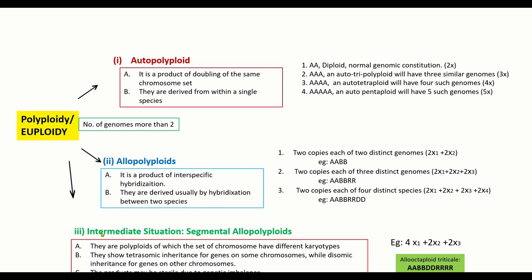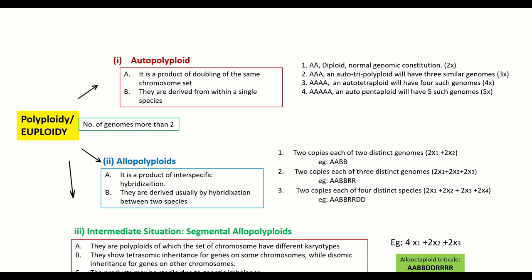In case of intermediate situations, say for example, some of the segments are allopolyploid and some of the segments are autopolyploid. If you take this as an example, some of the segments here are allopolyploid, repeated in multiples of the same kind of chromosomal set, and there will be multiples of only two types of these sets.